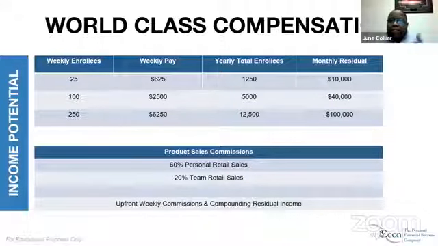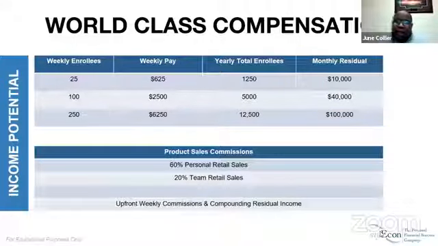Now, at the end of your first year, you would have 1,250 people on your team. And that would create a monthly residual of $10,000 a month. Ladies and gentlemen, you just created a 6-figure business learning how to do an educational program like the Smart Credit System.